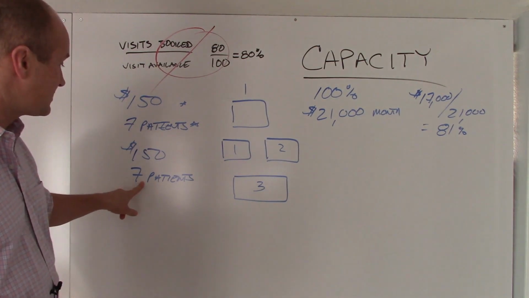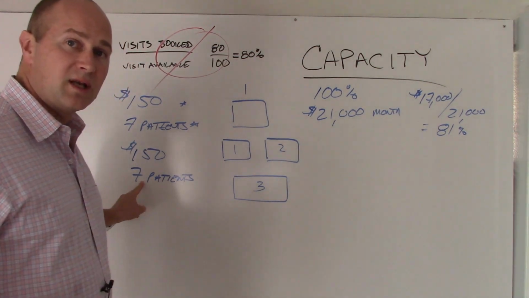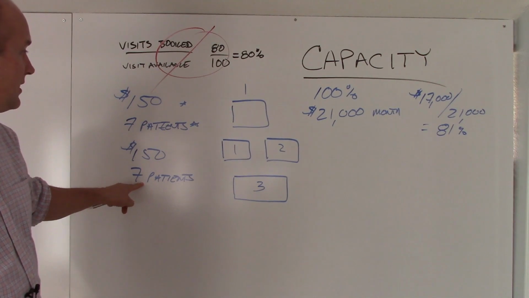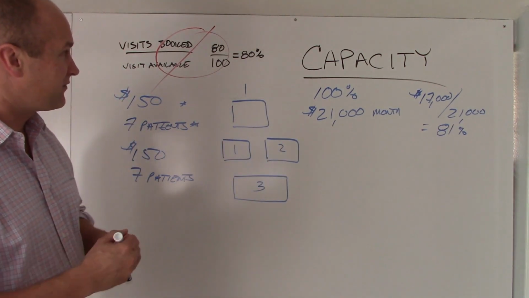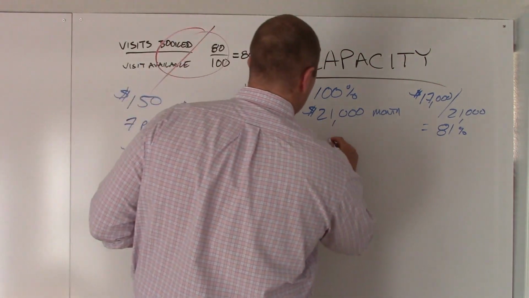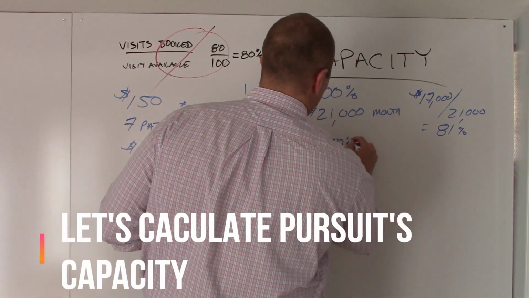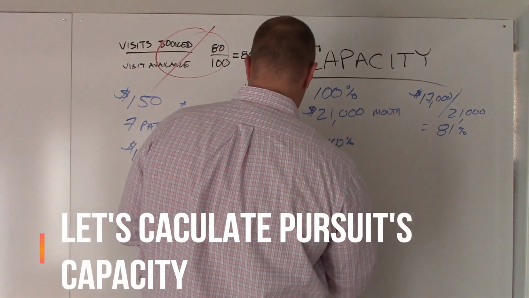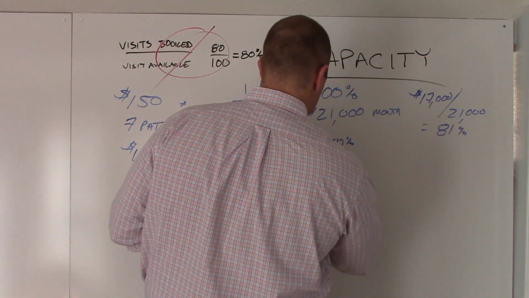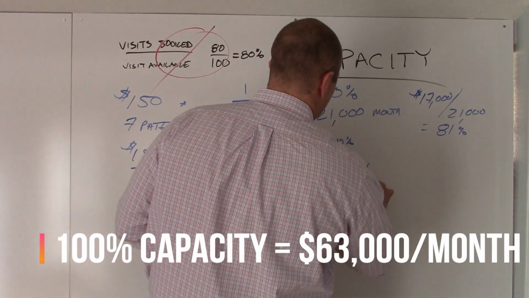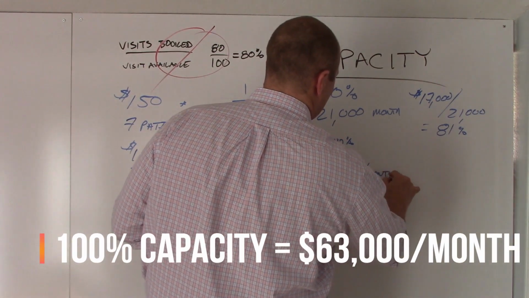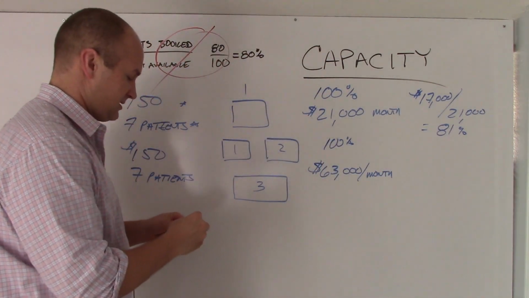I view this as 6 patient visits and 1 eval. That's a full caseload. I have 3 treatment rooms at my current facility. So what is my 100% capacity? 21 times 3, so that's $63,000 a month is my full capacity.